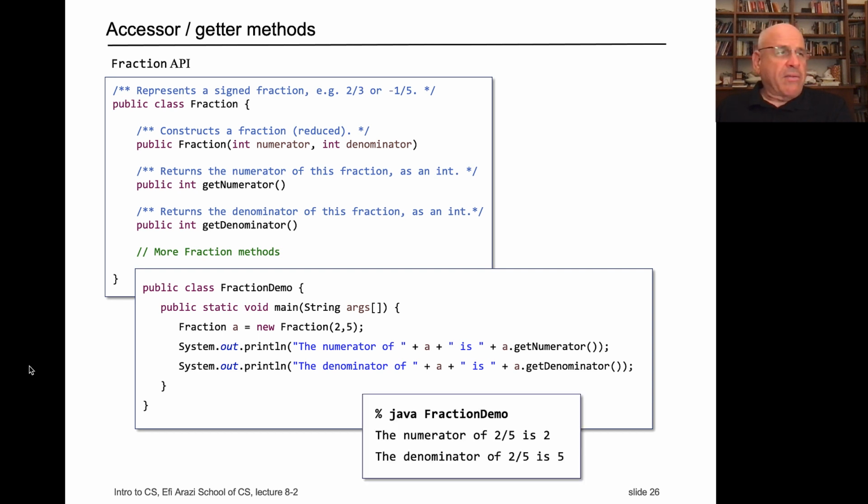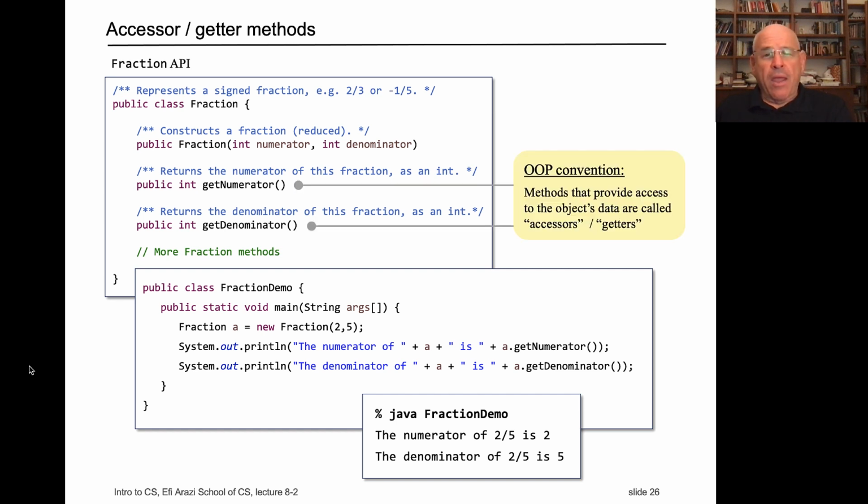And what we'll get is this output, which obviously is quite useful if you want to operate on fraction objects. So by convention, methods that give access to the object's data are called either accessors or getters. So here we see examples of two such getters.